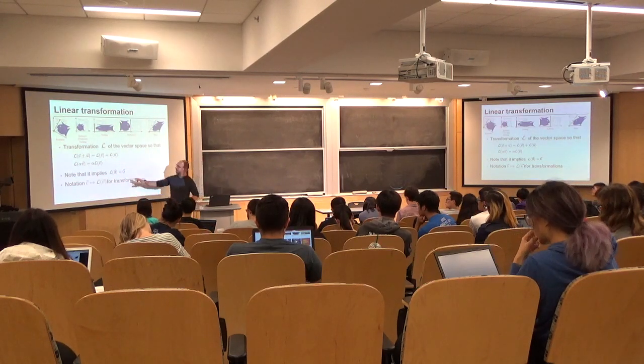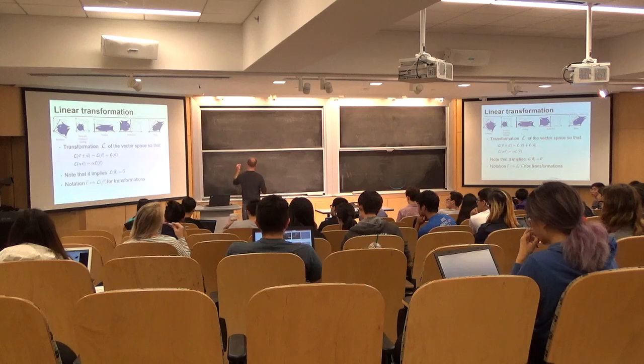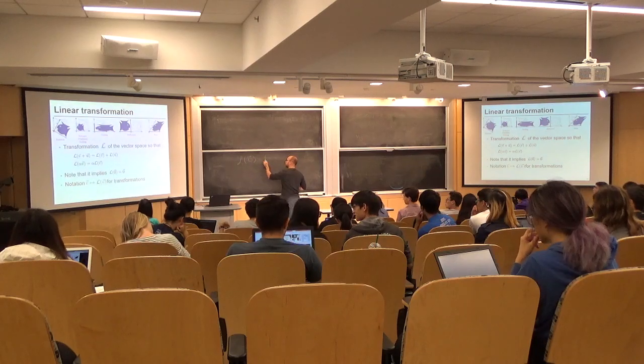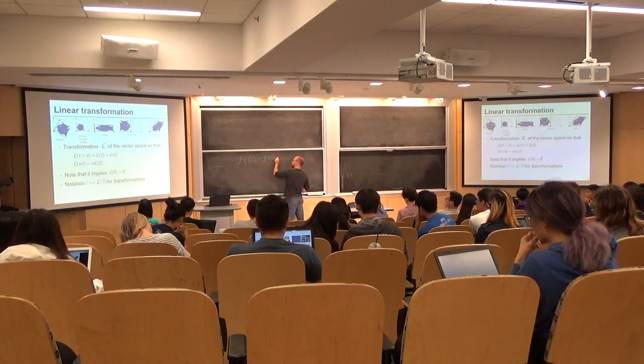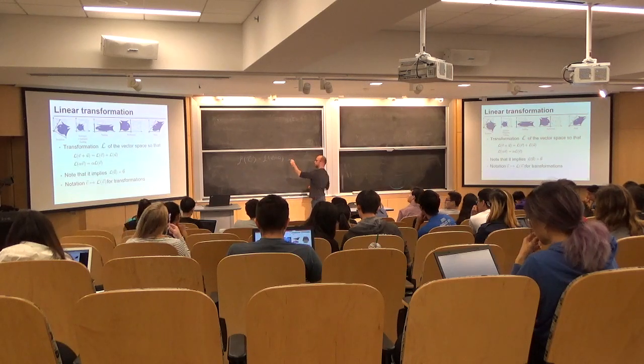And of course, this implies that L of the 0 vector equals the 0 vector. Right? The proof of that looks a little bit vacuous, right? L of the 0 vector. Remember, the 0 vector is equal to the 0 vector times the scalar 0, right? And now I can apply that second property.